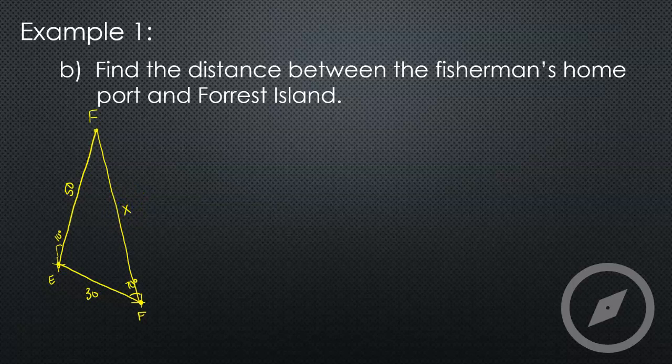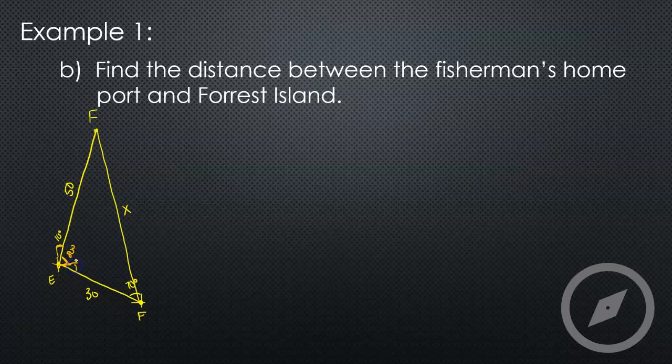So this is not a right triangle, and I can verify that in just a second. We can't always assume that it is. We always have to determine if it is or if it isn't. Okay, so let's see what we know. I know that this angle here is 80 degrees because my north and east would make a right angle, and if that angle here is 10 degrees, that means this angle made to the east would be 80 degrees.